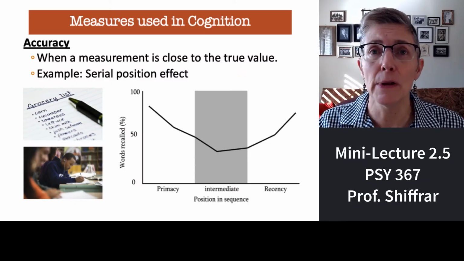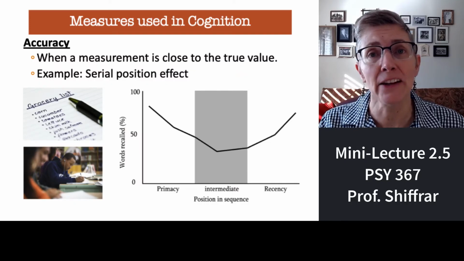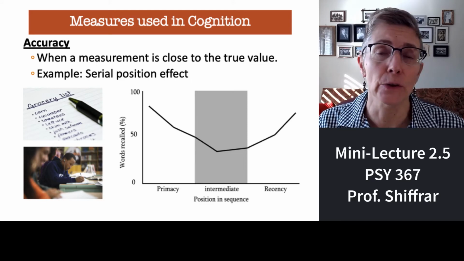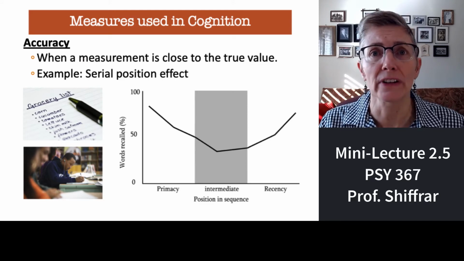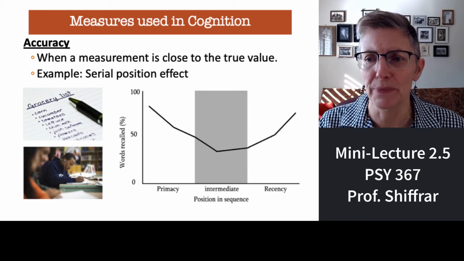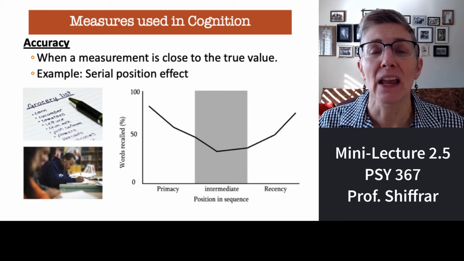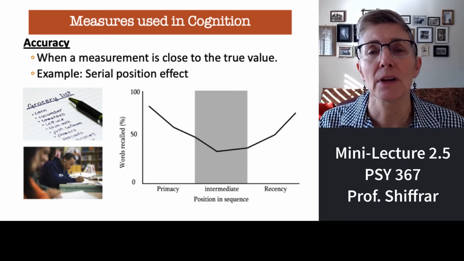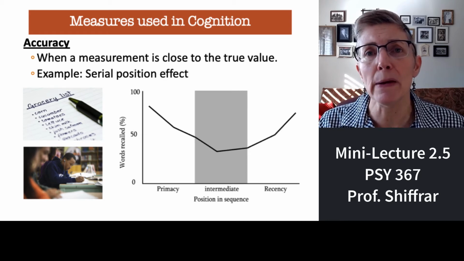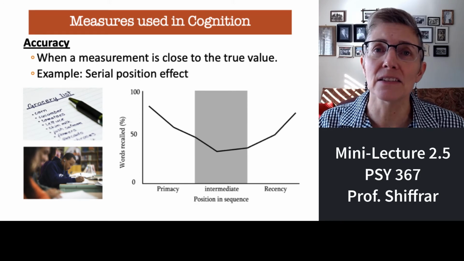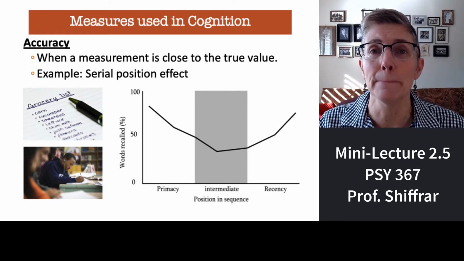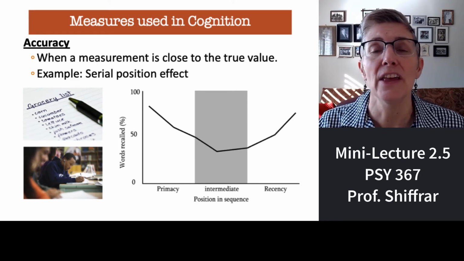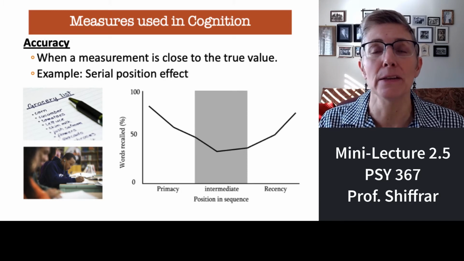Another very common measure in cognitive psychology is accuracy. How accurately can you remember the words on a list or the order in which something happened? And a classic example is something called the serial position effect. If you're given a list of words, your memory for the beginning of the list and the end of the list is going to be much more accurate than your memory for the items in the middle of the list.